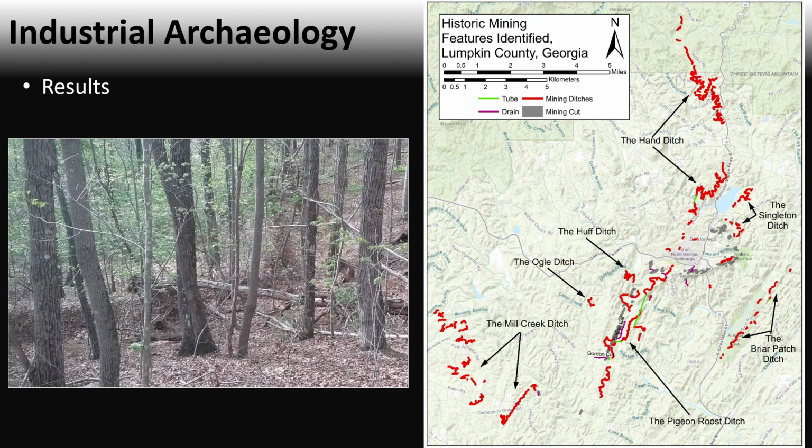Many of these are not listed as sites. They're not protected. They're not known as archaeological sites, and they should be. So our next step is to try to learn some more about these and then get them site numbers themselves and have them preserved as sites.